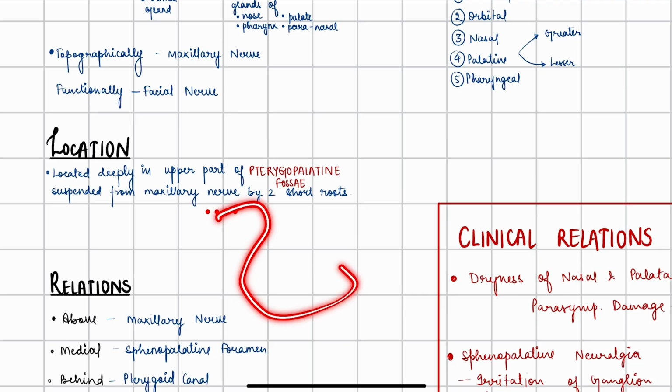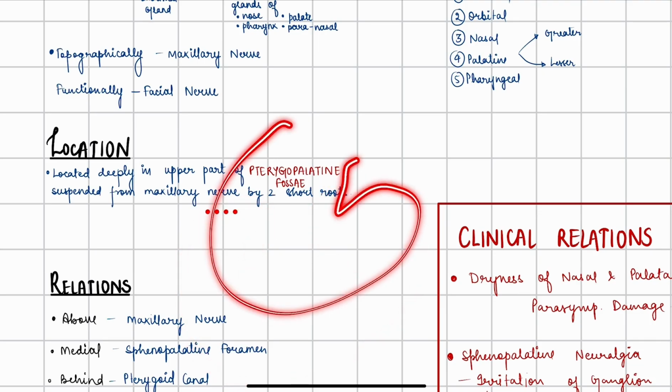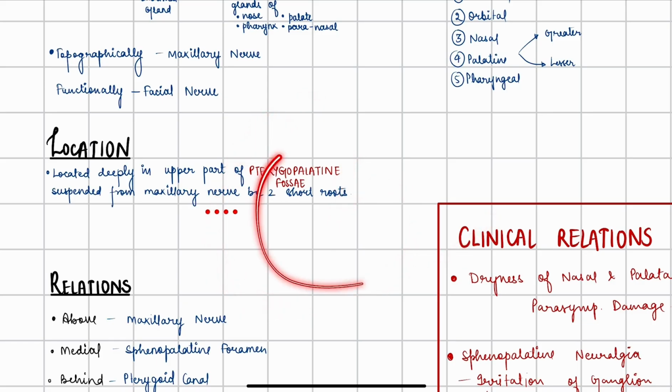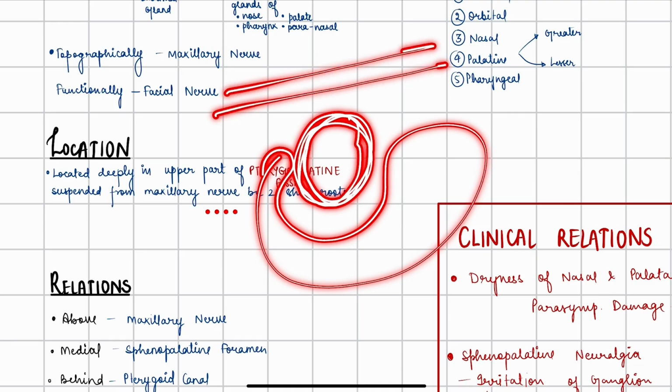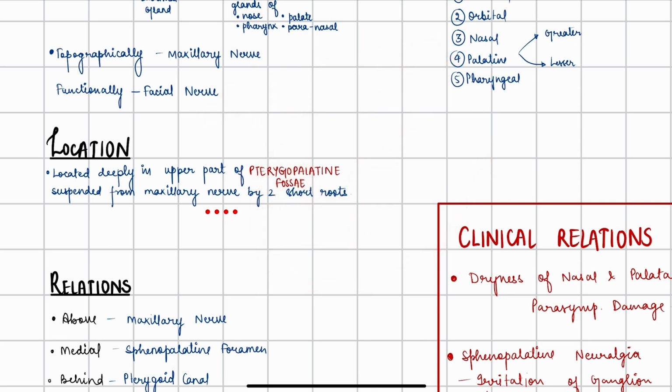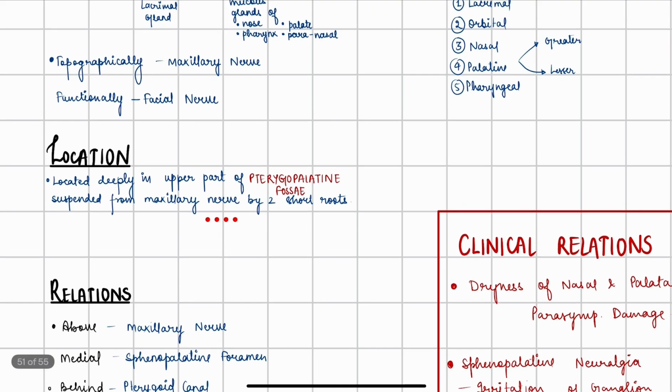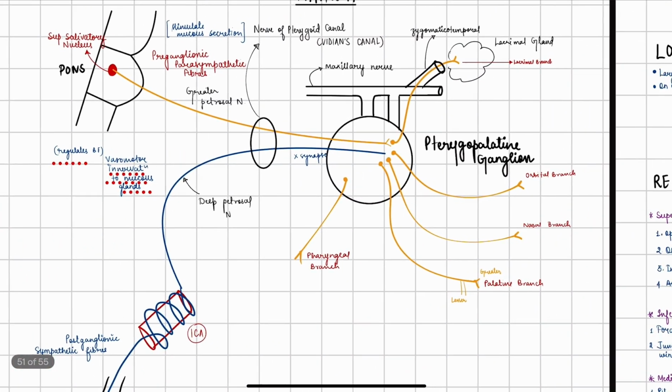So, for example, this is the pterygopalatine fossa, and here is your ganglion, suspended by the maxillary nerve by two roots. Two short roots, you can see in this diagram.